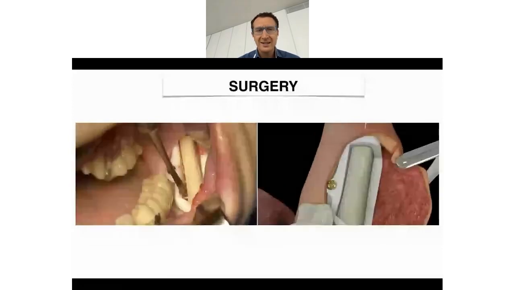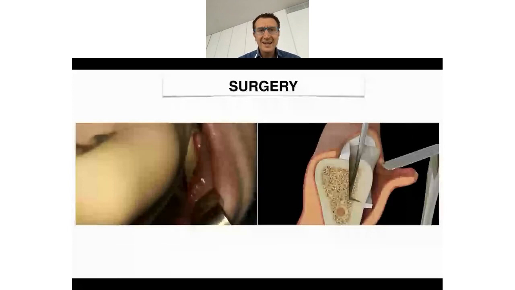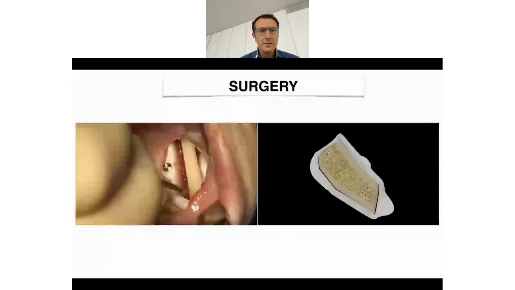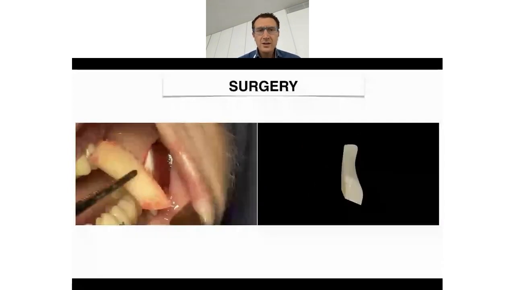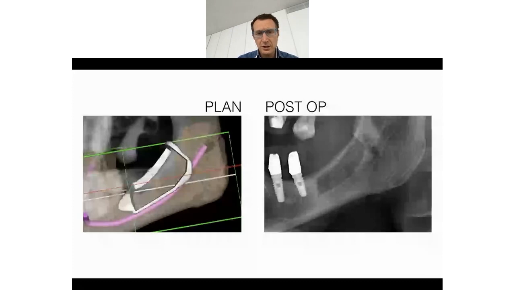We don't need to generate any force to create a fracture, because we can bring the osteotomy lines very close to each other, so the patient will not even feel what we are doing, because we are not hammering. So it's a very atraumatic, strong, controlled procedure.